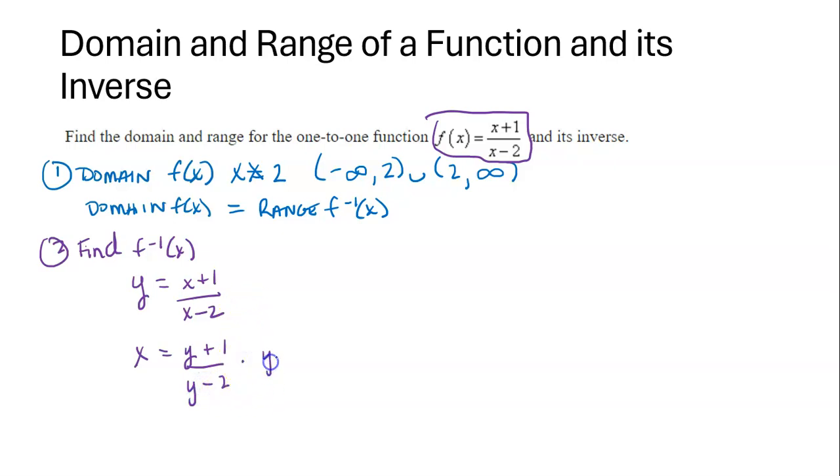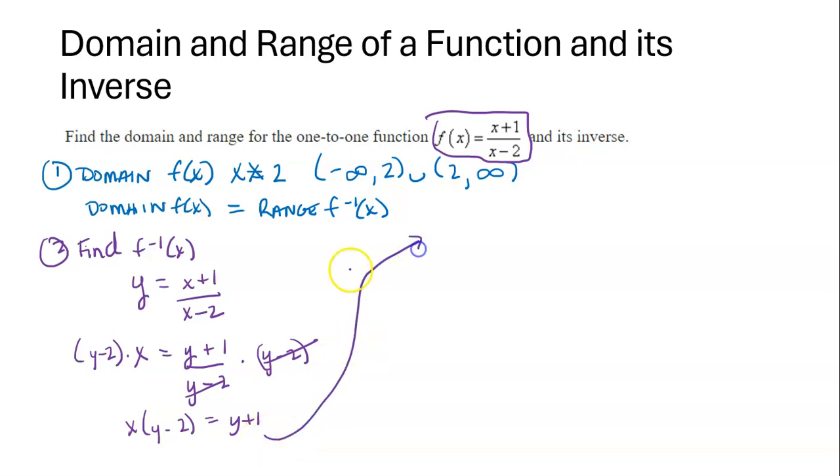I'm going to multiply both sides by y minus 2 because fractions are mean. x times y minus 2 is equal to y plus 1 because these are going to cancel. Then I distributed this x. So I have xy minus 2x is equal to y plus 1.